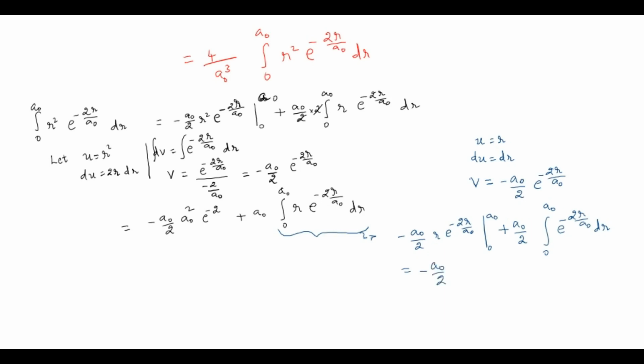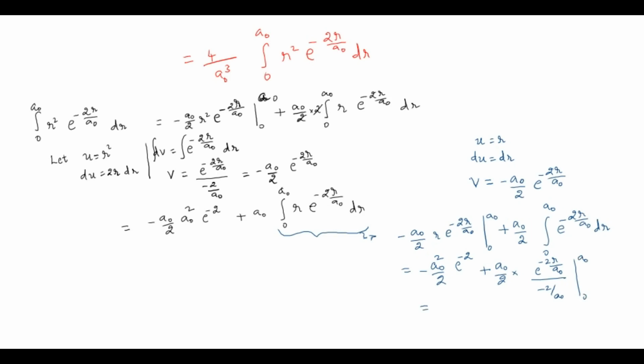When I substitute a naught, I will get a naught square e power minus 2, and the lower limit becomes 0, plus a naught by 2 times the integral, which is e power minus 2r by a naught divided by minus 2 by a naught, from 0 to a naught.